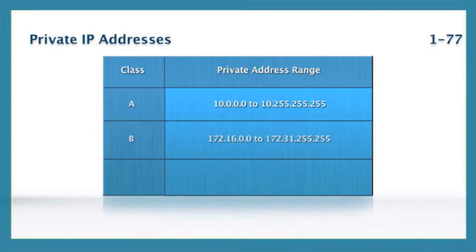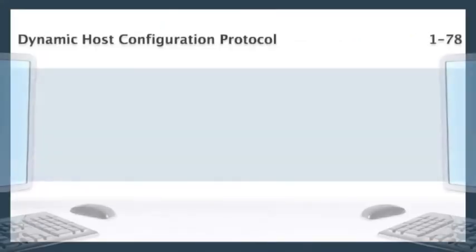Class B, little trickier to remember. You got to remember the number 31, right? Yeah, specifically 16 to 31. So notice just some of these networks, Class Bs, were reserved, or a few of them, 172.16 to 172.31 is reserved for the Class B address spaces.